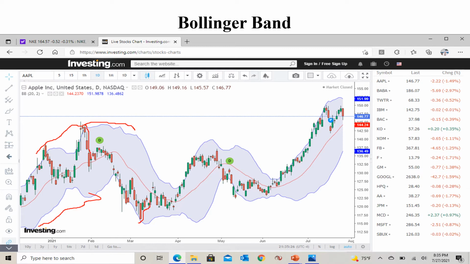And that's an indication for people to start buying. Now, all of these indicators that I'm going to be showing you are called lagging indicators because they are lagging behind what's actually happening on the chart, but they're not lagging too far behind. The candlesticks will be a little ahead, but they won't be too far ahead.